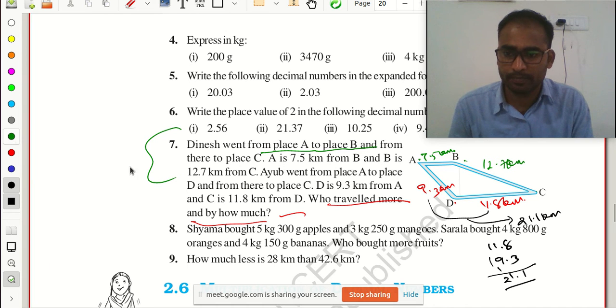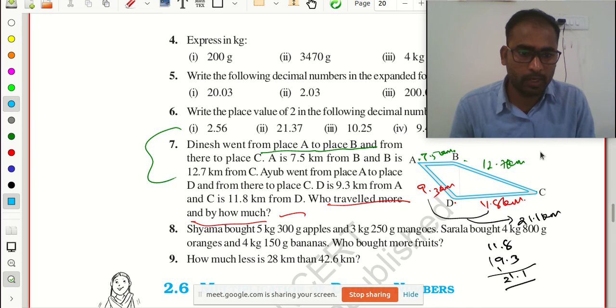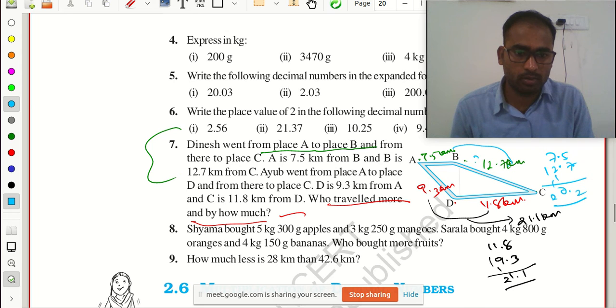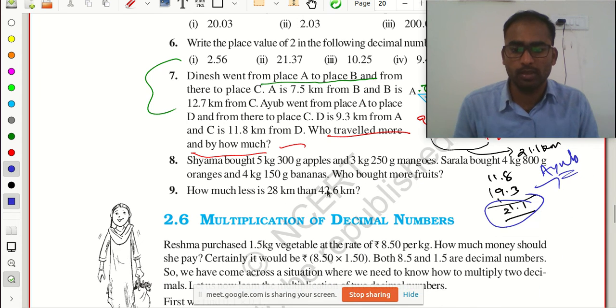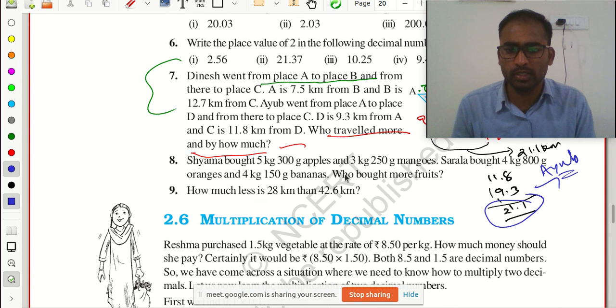Then add 7.5 and 12.7. Consider the point very clearly. 7 plus 5, 12; 7, 9, 10. So 20.2. So who traveled more? Definitely Ayub traveled more. Do the same in this way for all the problems.